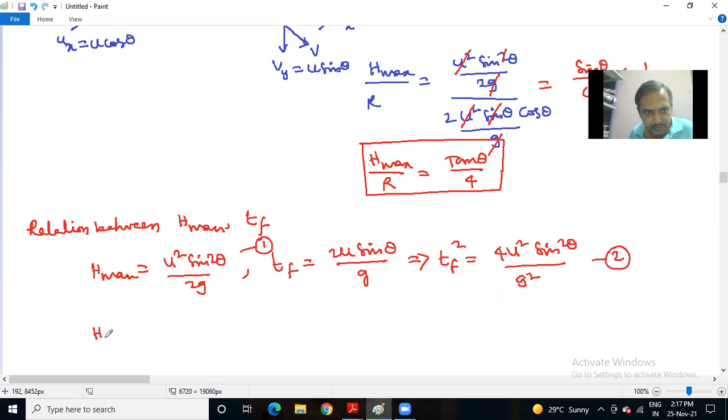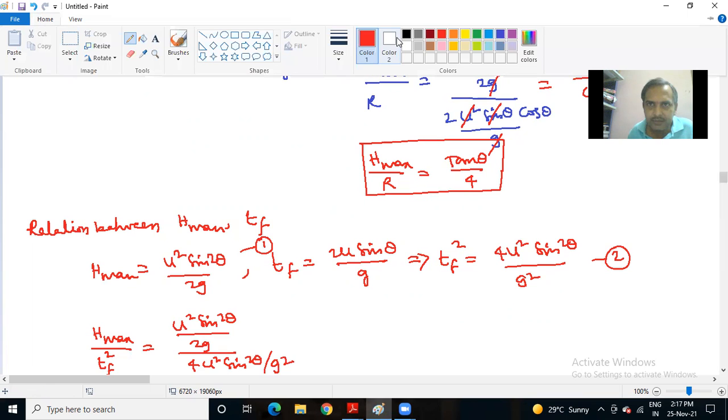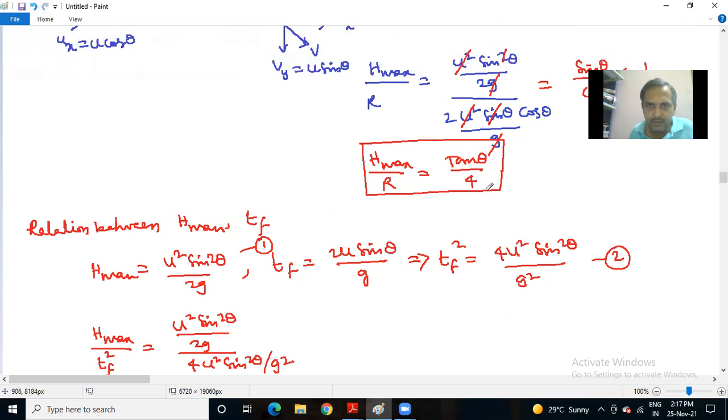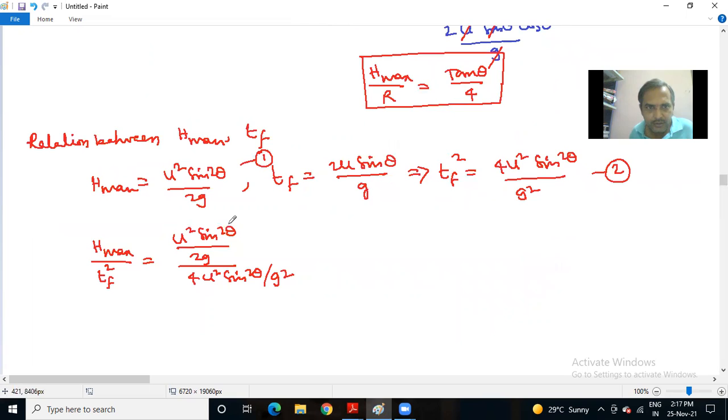Divide h max by time of flight square, which is u square sine square theta by 2g divided by 4u square sine square theta by g square. So there is again cancellation of sine square theta, u square and u square.